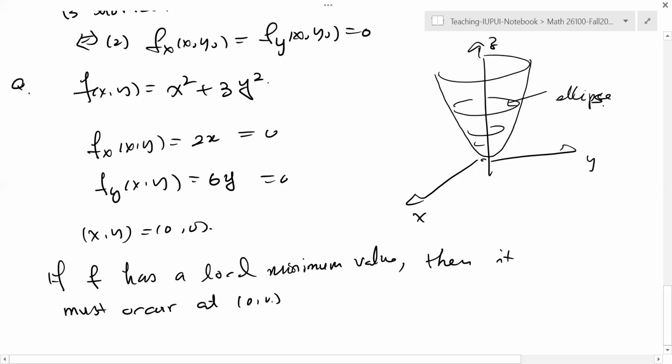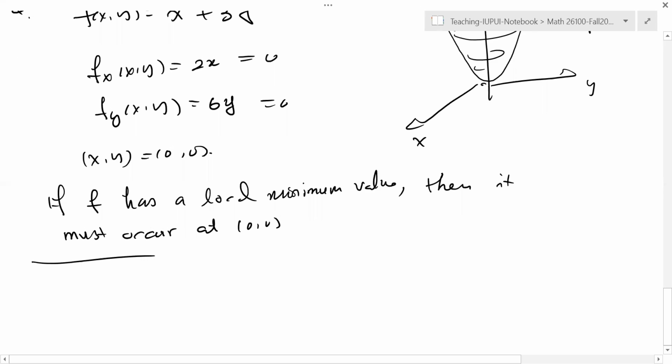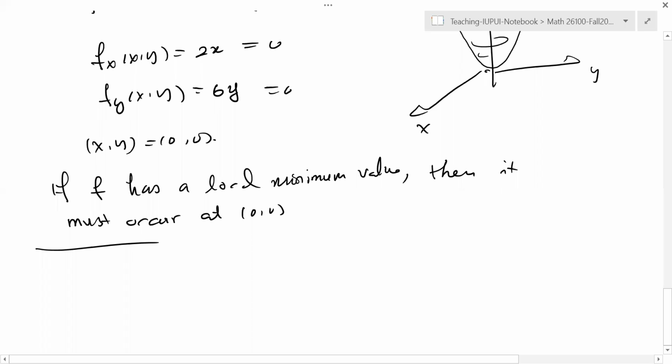It must be at this particular point. That only helps you to find local minimum or local maximum values. But without using calculus, without derivatives, you can already see the local minimum value. Actually, it's an absolute minimum value.